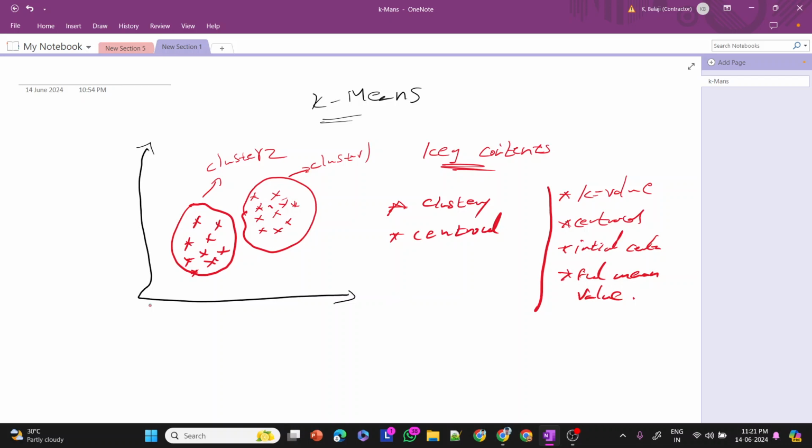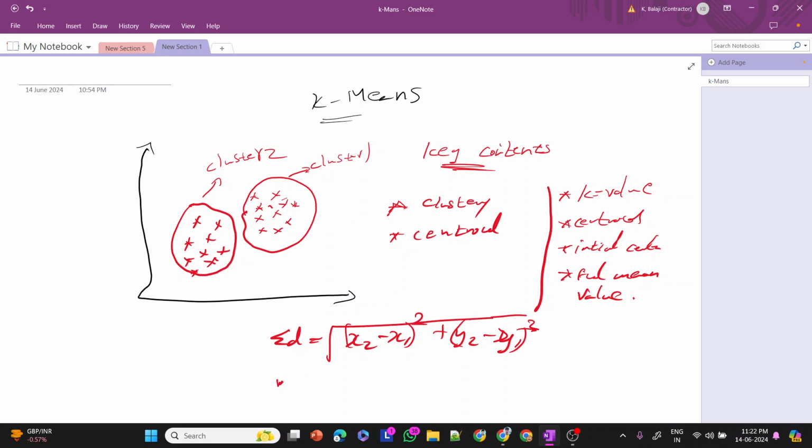To find the distance between points we use the Euclidean distance, that is the square root of (x2 minus x1) whole square plus (y2 minus y1) whole square. This is the Euclidean distance formula.